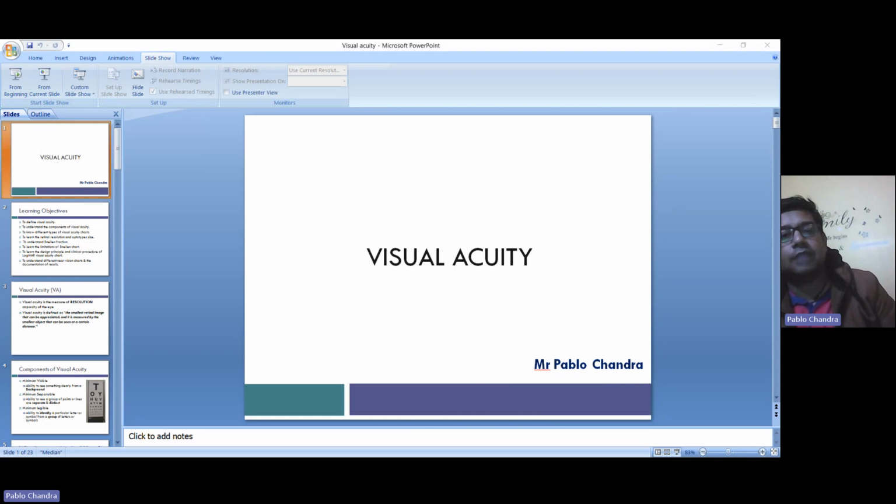Okay. So this brings us to the end of the visual acuity lecture, in which we have discussed the components we have used, the different types of distance chart. As you can see, the most common chart is the Snellen chart, which we have used. Next, we have used the logMAR chart, which is much more complicated but much more accurate. Most of the hospitals, especially low vision clinics and specialty optometry practices, are using this logMAR chart.